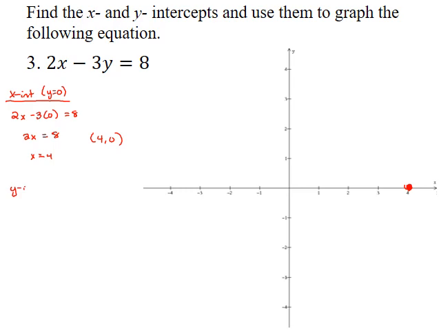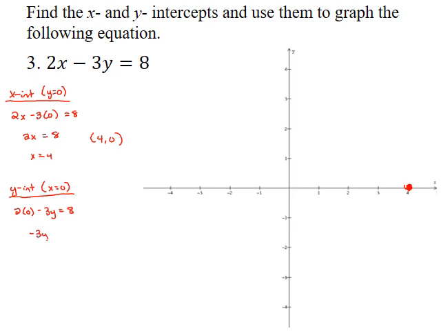Do the exact opposite when it comes to a y-intercept. So instead of letting y be 0, for your graph to cross the y-axis, it's got to happen when x is equal to 0. So if I let x be 0 in the original equation, that would be 2 times 0 minus 3y equals 8.